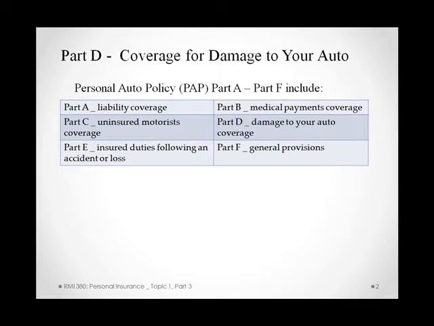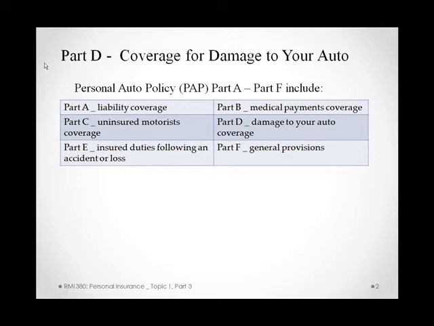So here's a question. If you hurt another driver in an auto accident and you're found liable for his medical expense, which part does it come from? Well, this would be the liability coverage. However, if you damage someone else's car in an auto accident and you're found to be liable, which part of the coverage would cover the damage to his car?